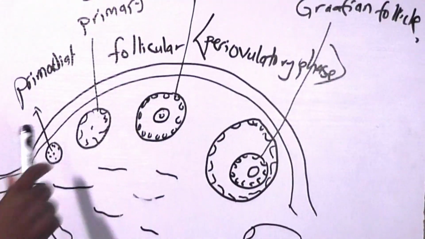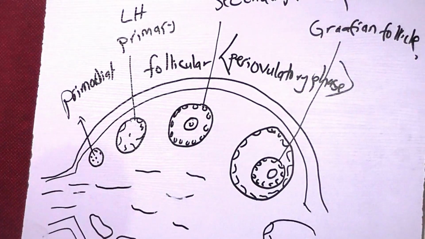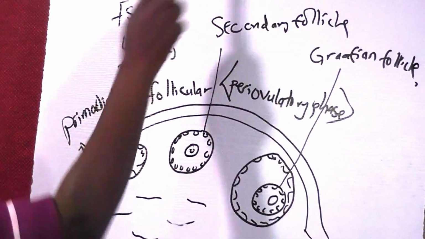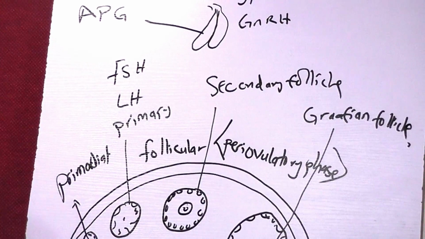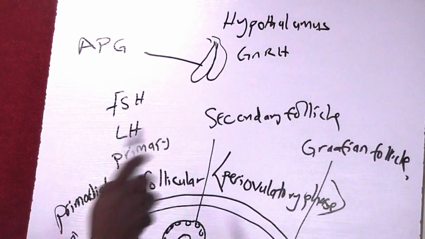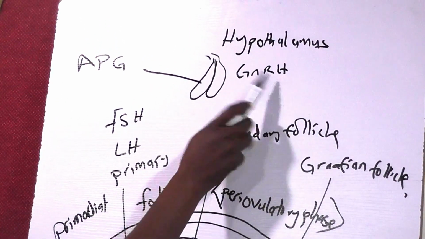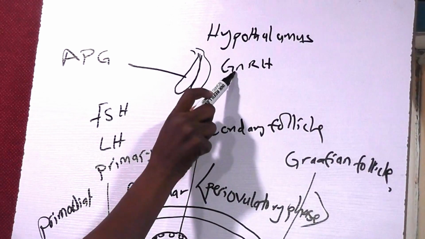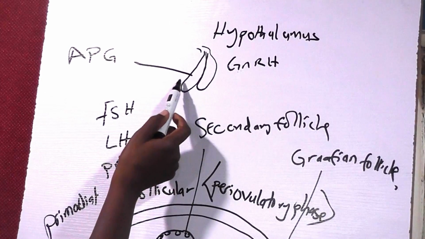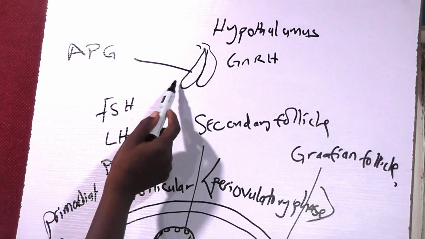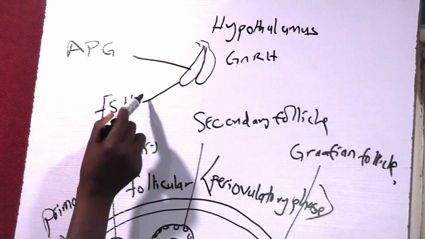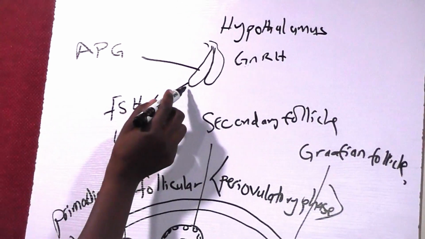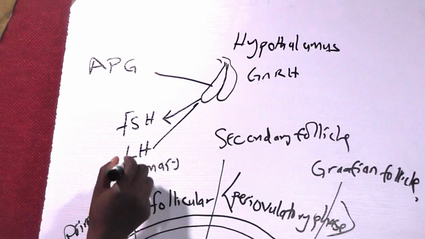So looking at the follicular phase, it is being regulated or controlled by the hypothalamus. Now the hypothalamus usually releases what we call the gonadotropin releasing hormone. It is this gonadotropin releasing hormone that stimulates the anterior pituitary gland to release a hormone known as the follicle stimulating hormone and luteinizing hormone.